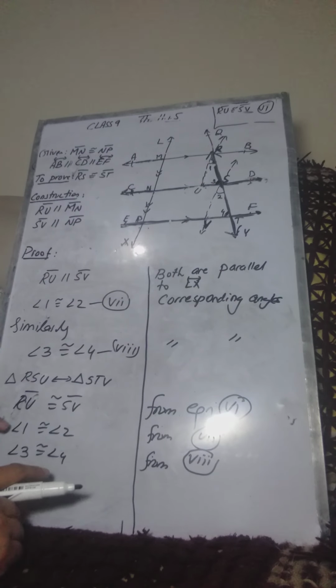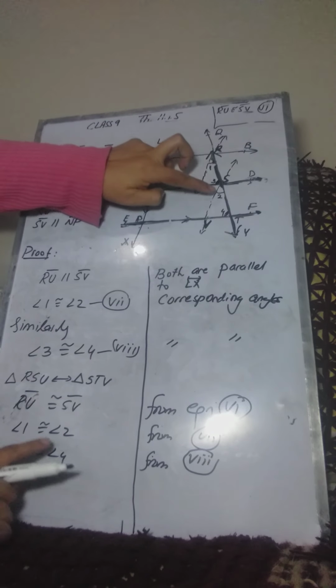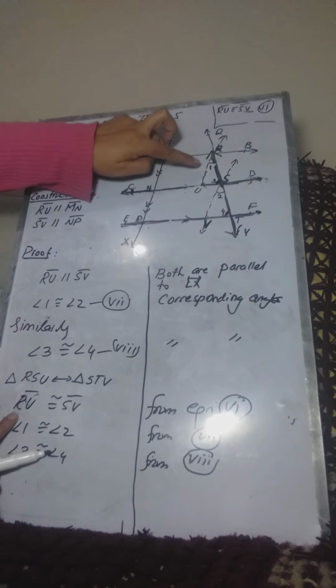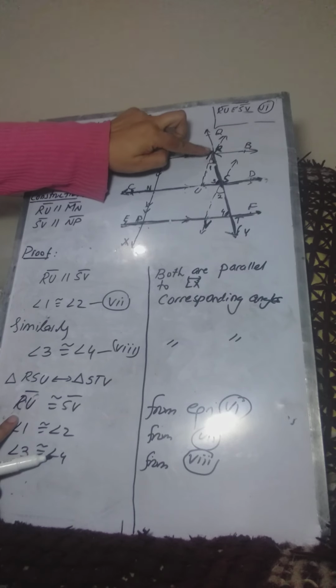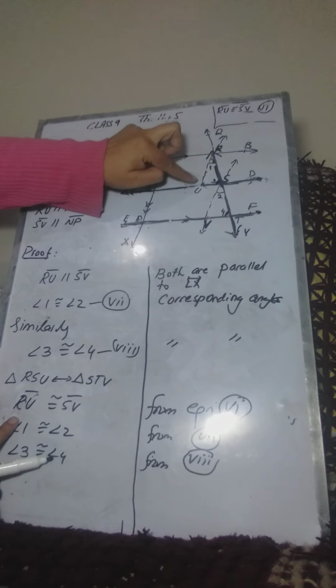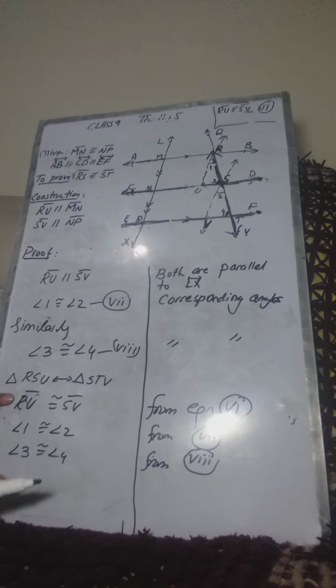Now you have two angles, angle 1 and 3 of one triangle, congruent to two angles of the other triangle, and the side which is congruent is not the included side of these two angles. The included side is this one, RS, on which these two angles lie. This is the statement of the SAA postulate: a non-included side and two angles.